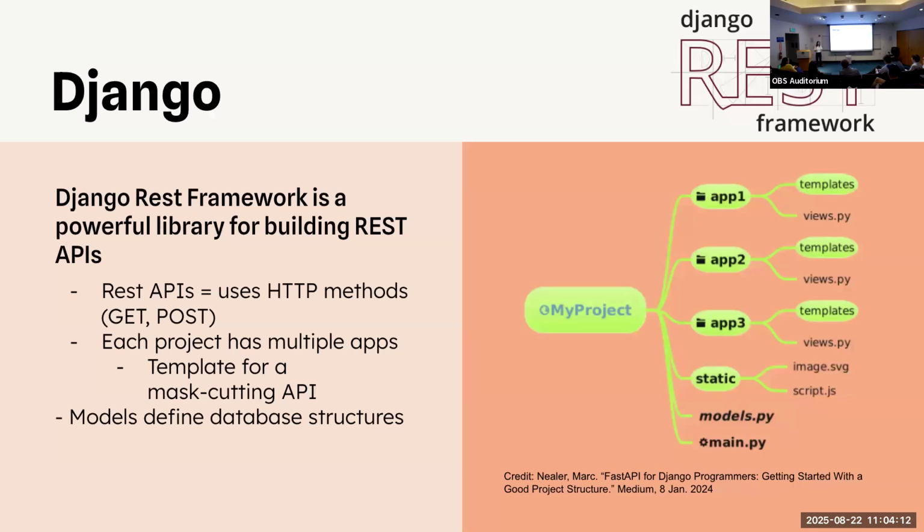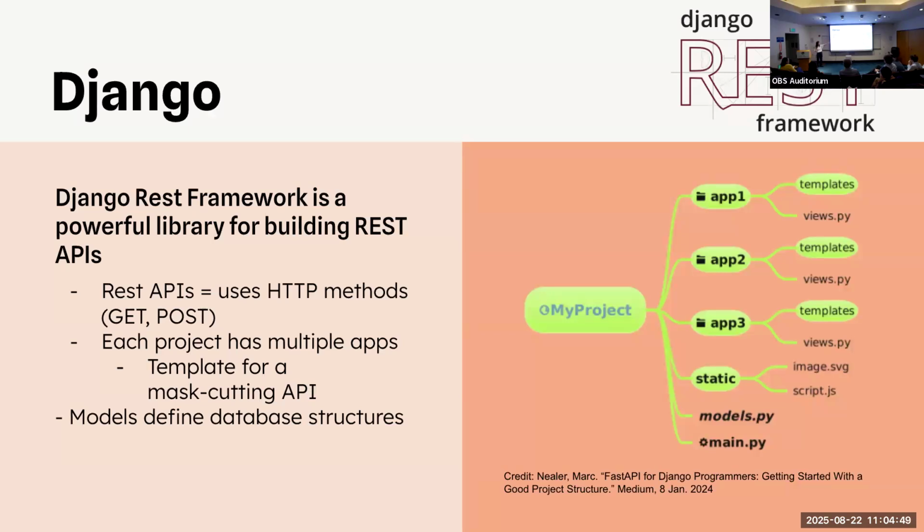Moreover, Django has this really unique organizational structure where every project has multiple apps, where apps are just folders of code that are trying to achieve the same purpose. So thus, by creating an app template for a mask cutting API, any developer from any institution can take our template, fill in a couple of blanks, put that folder into our project infrastructure, and immediately have a working API tailored to their mask cutting software, making it very flexible in terms of the software it can support.